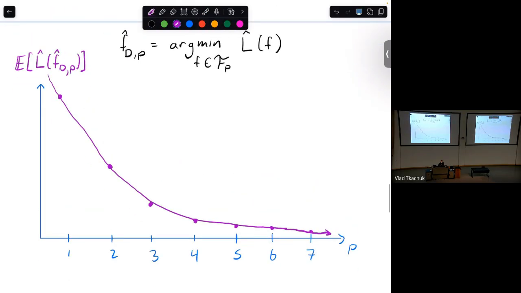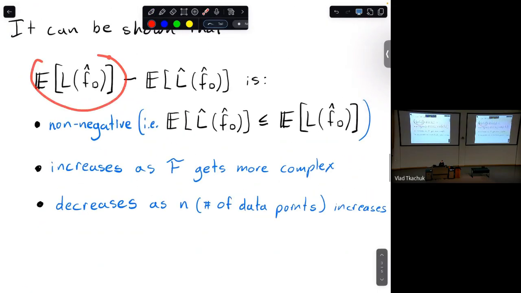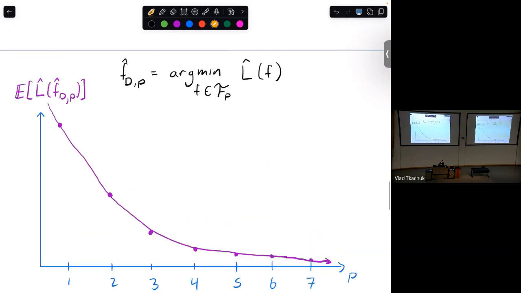Okay, so now what's the new part? The new part is how the real risk looks, which is this quantity here. Like, how do we actually do on new data? And the plot for that will look as follows. As we saw, it's always going to be larger than what we minimized because we're always trying to fit the data. So at the beginning, they might be pretty close for this less complex function class. Then it might be farther apart, which is the observation we saw.